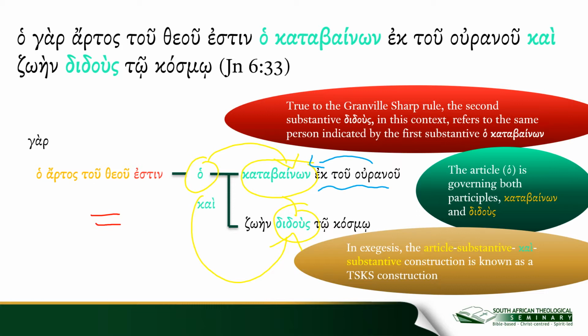It gives us the source of the action of the participle, and then we have zoen, the accusative singular, which is functioning as the direct object of the participle didous, and the dative to kosmo is functioning as the indirect object. So to get the full picture, we know that the bread of God is the one coming down from heaven and the one giving life to the world.